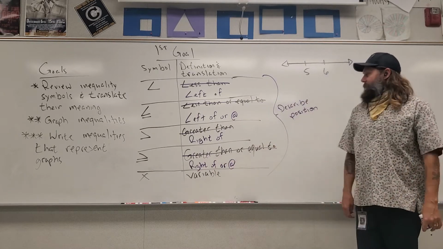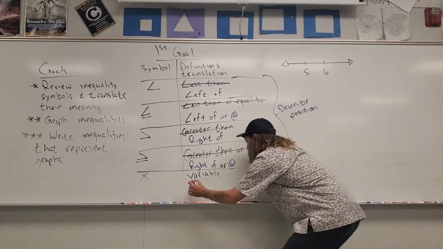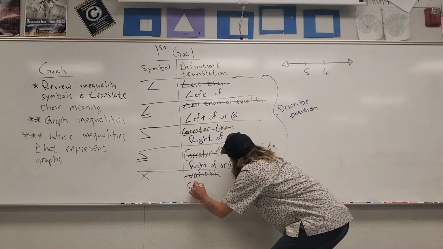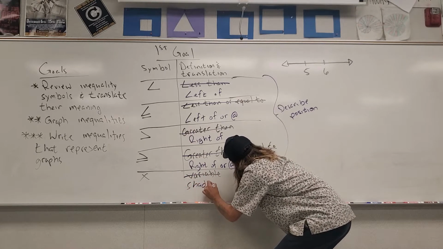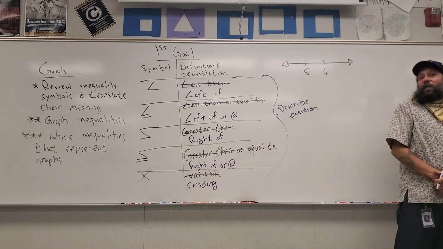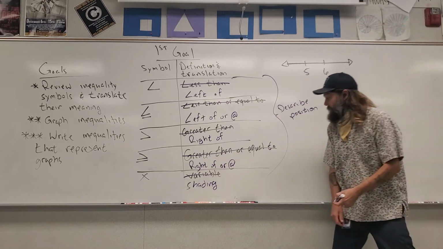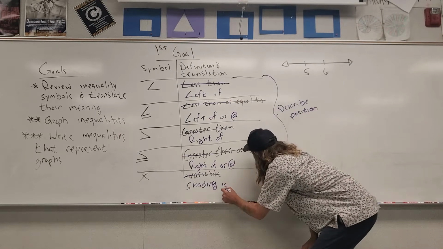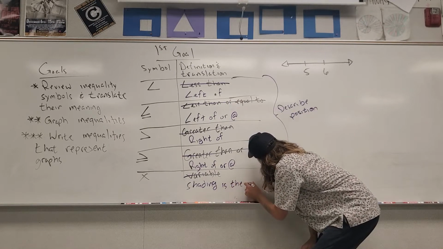And I don't call x my variable, I call that my shading. And it's very important that we understand that the shading, that is where our solution is. So the shading is the solution. So we understand that the shading is the solution.